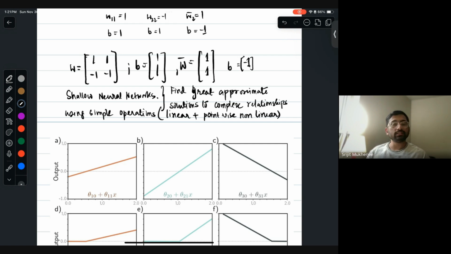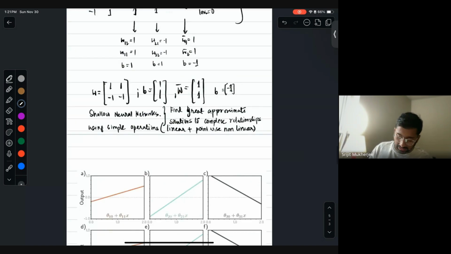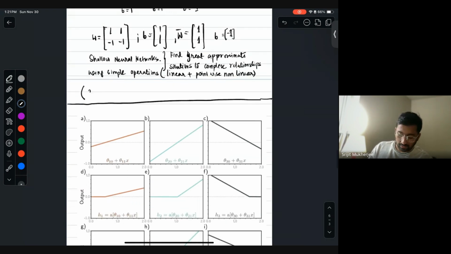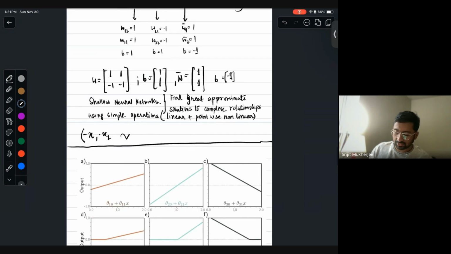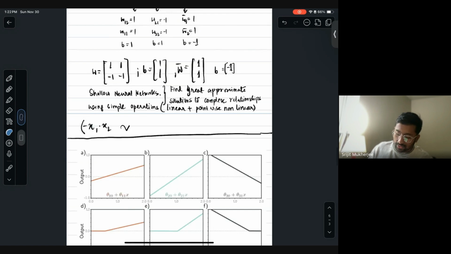Do you see the point, guys? So observe that in this case, we are actually approximating minus of x1 times x2 with this relationship that you have seen here, this one. We're approximating that.